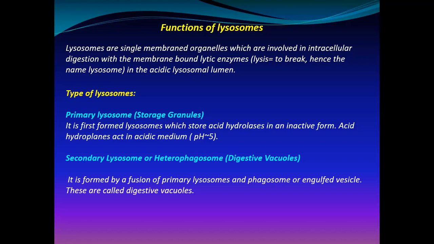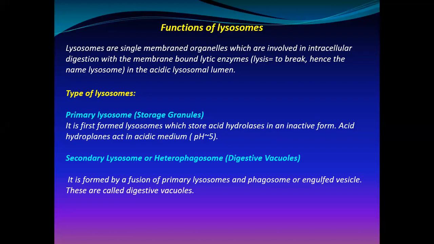Actually, the process is phagocytosis because phagocytes do this, and the engulfed bacteria in a vesicle is called phagosome. This phagosome then fuses with the primary lysosome and forms the secondary lysosome. That secondary lysosome is known as heterophagosome, right?